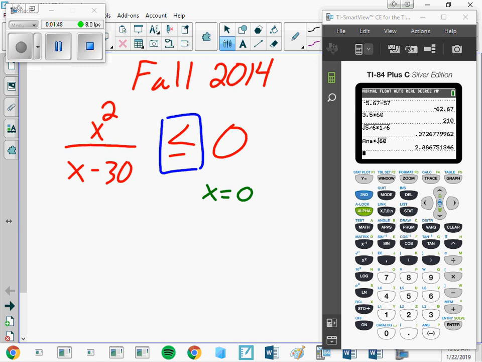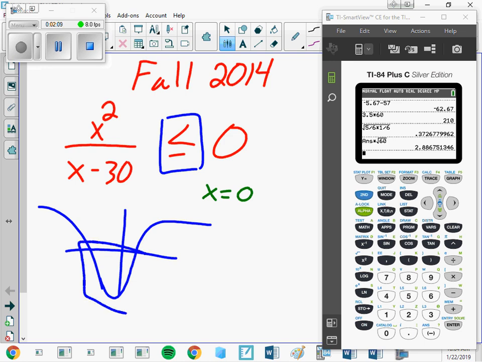Under the x-axis, right? So if my function looked like this, and right now we don't know what it looks like, when is that graph less than or equal to 0? Right here. Does that make sense?